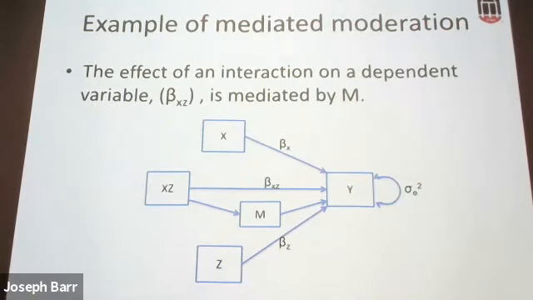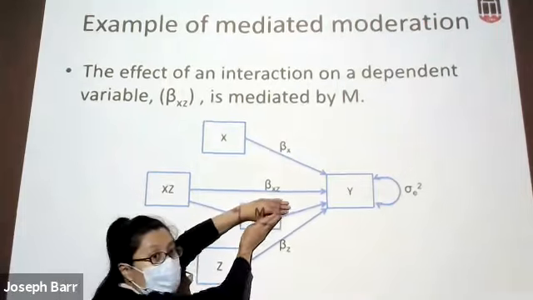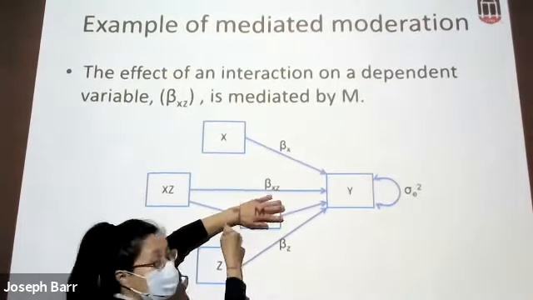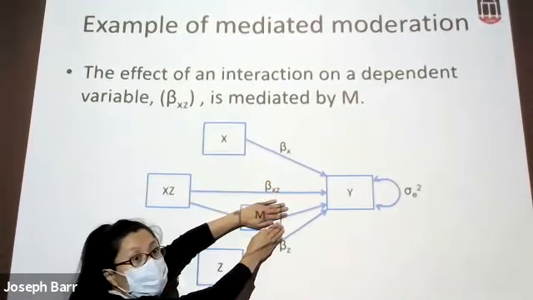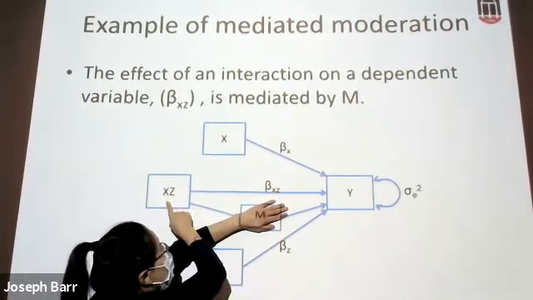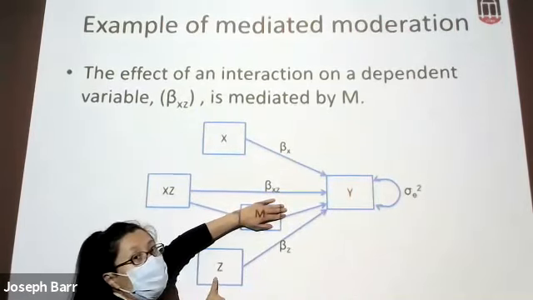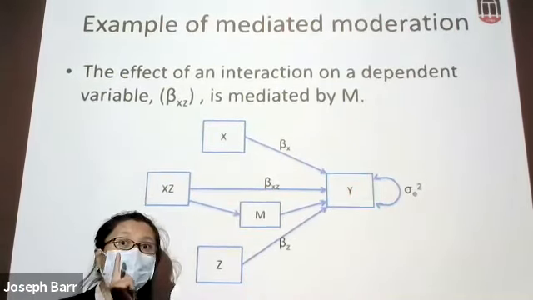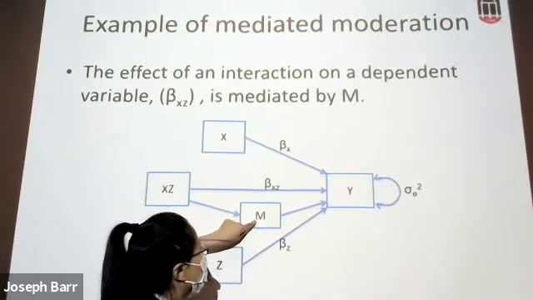Now for mediated moderation. If I cover this part, if I take out the M, this is just a moderation effect. This is the interaction term. This is the original X, the original Y. This is a moderator. But now I'm going to add one more variable here.